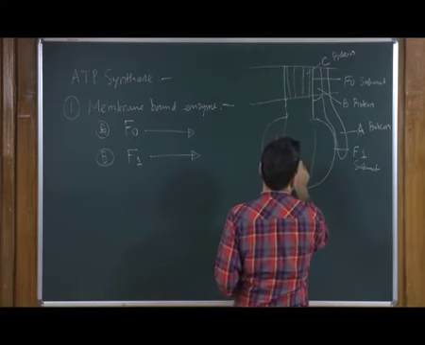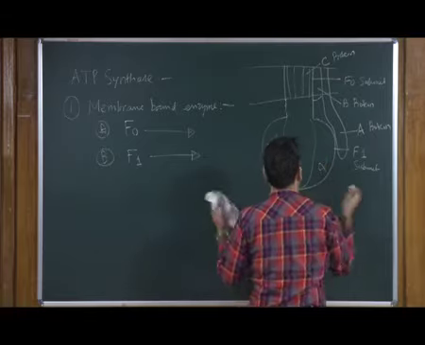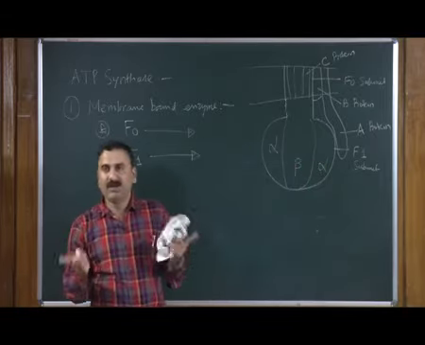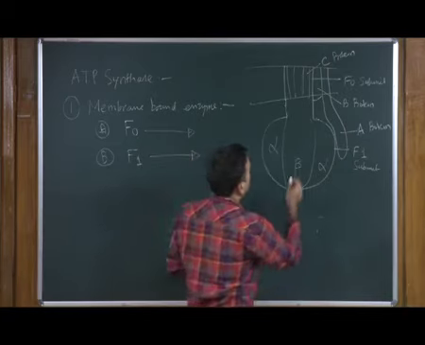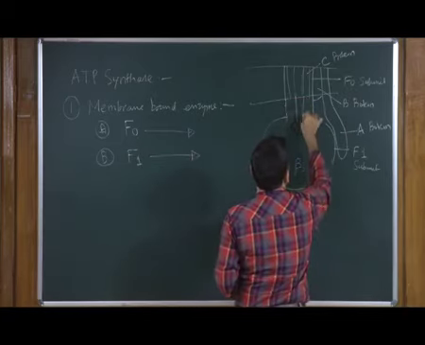alpha, you have the beta, and that alpha and beta actually alternate with each other to make this ball like structure. Then they have a gamma in between.